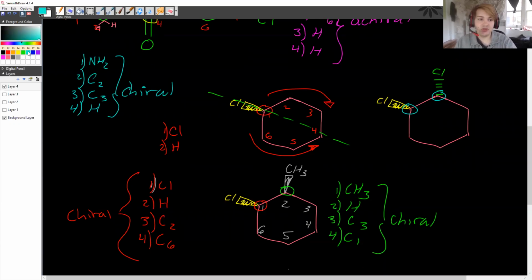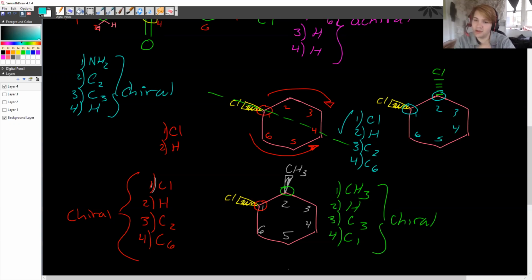And so when we do the bond analysis, towards C2 is different from towards C6. So this carbon is chiral.